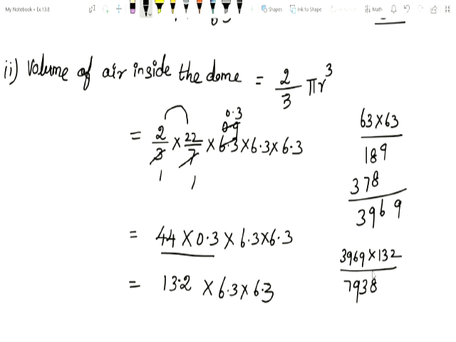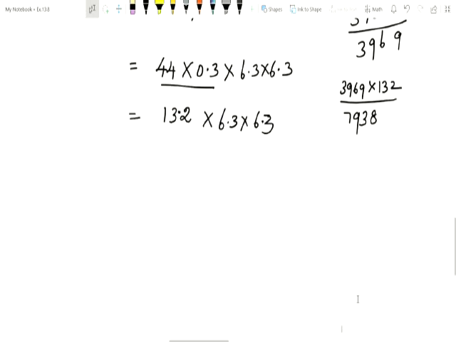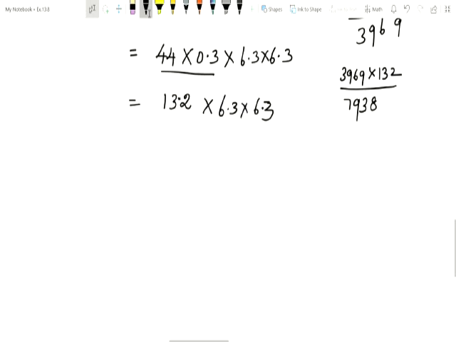Next you multiply with the 3. So 3 9s are 27, 7 remaining 2, 3 6 are 18, 18 plus 2 20, 0 remaining 2, 3 9s are 27, okay. So 27 plus 2, 29, 9 remaining 2, 3 3s are 9, 9 plus 2, 11.